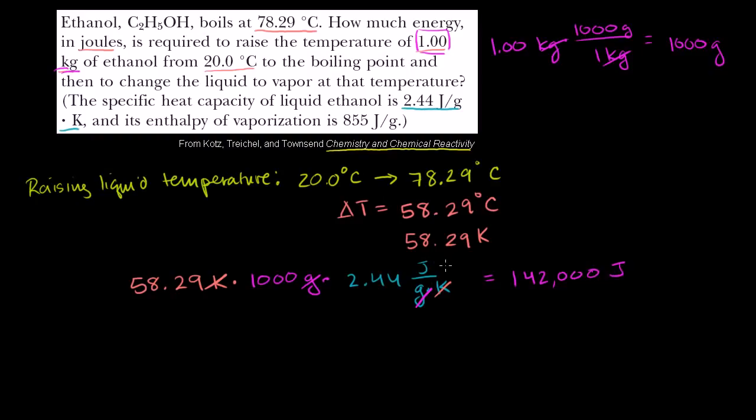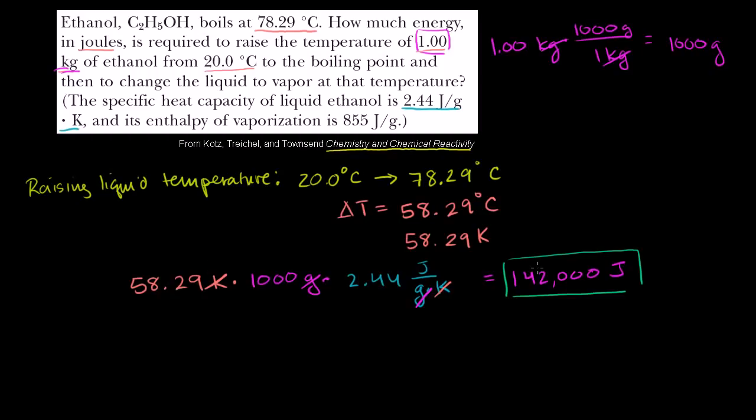Joules is our units. We want energy. So this right here is the amount of energy to take our 1 kilogram of ethanol from 20 degrees Celsius to 78.29 degrees Celsius. Or you could view this as from 293 Kelvin to that temperature plus 273 in Kelvin. Either way, we've raised its temperature by 58.29 Kelvin.